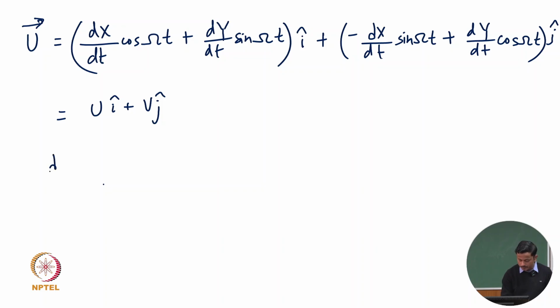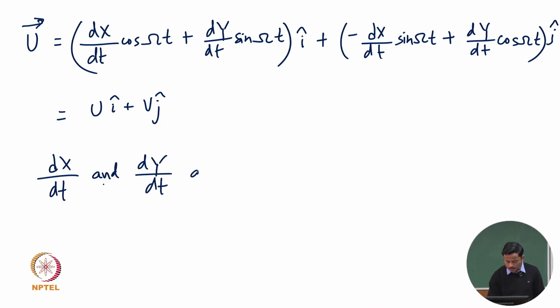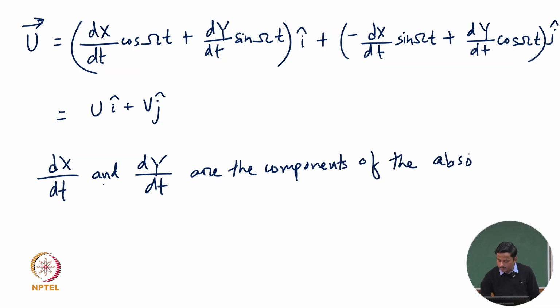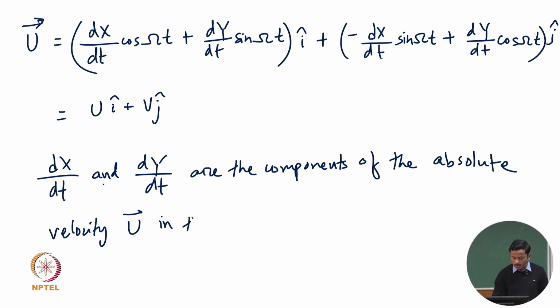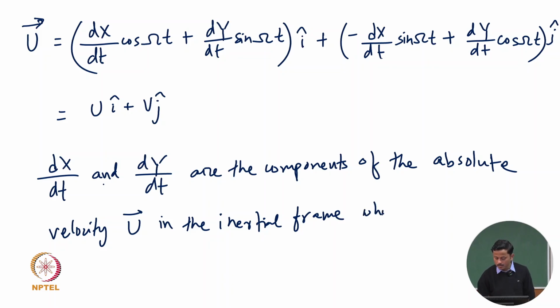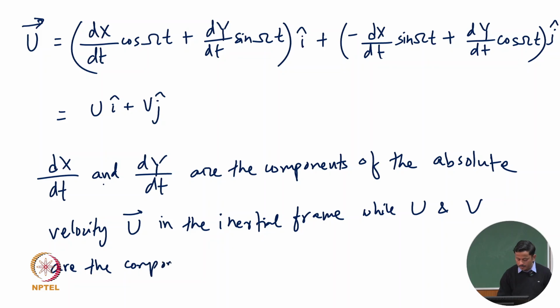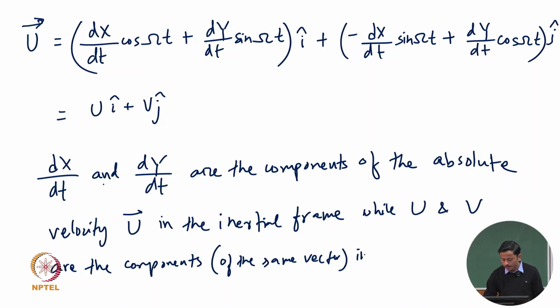So dX by dt and dY by dt are the components of the absolute velocity in the inertial frame, that is the fixed frame, while u and v are the components of the same vector in the rotating frame.